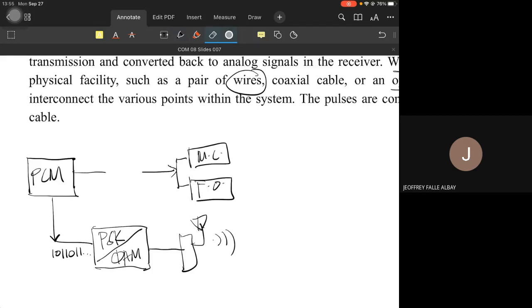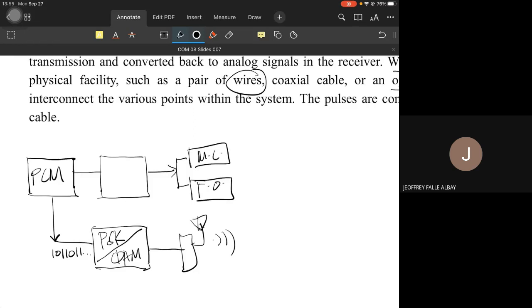Sometimes, actually it's commonplace now, between the output of the PCM system and the transmission media, we connect another system to efficiently use the limited resources like time, frequency, or space, like the physical facility.